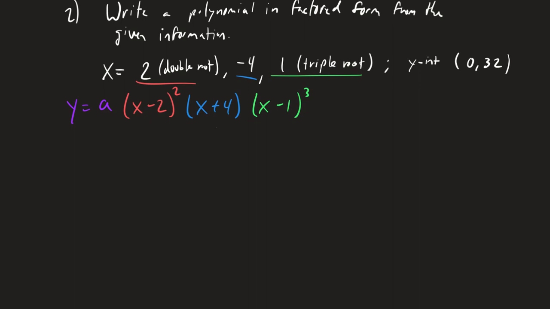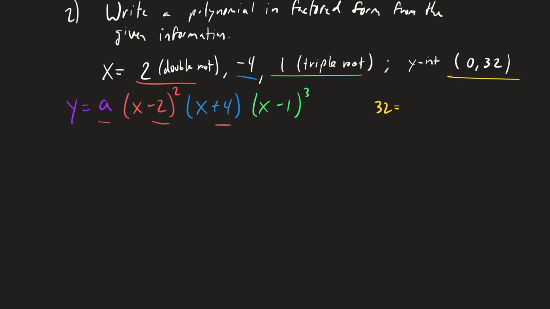Kind of the same way as we just did with the y-intercept, 32 is going to be equal to all of these things multiplied. So this times this times this times this, but I just have to pay attention to any double or triple roots.